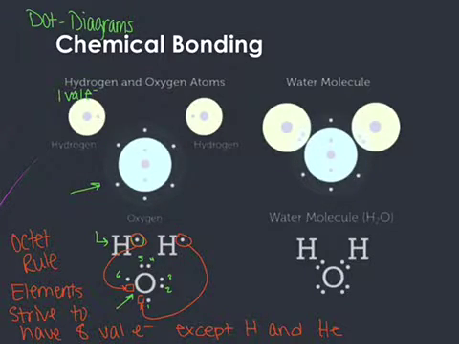And that would be because if hydrogen gets 2 valence electrons, it completes that first energy level and it would be full. So when water shares these electrons, oxygen now has the 8 valence electrons surrounding it, and hydrogen then has 2 valence electrons surrounding it, which is what it strives to do.